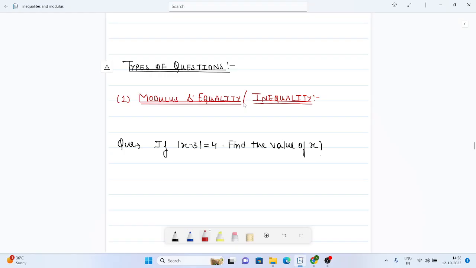So when modulus means here variable inside the mod. We will also see when the variable is outside the mod. But here the variable is inside the mod. So the question says, mod x minus 3 equal to 4, find the value of x.